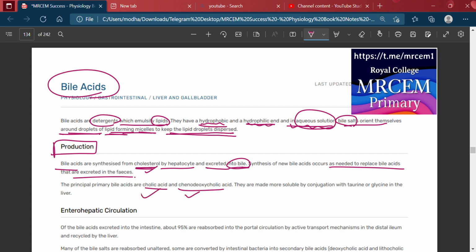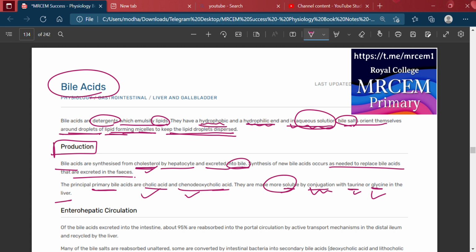They are made more soluble by conjugation with taurine or glycine in the liver.